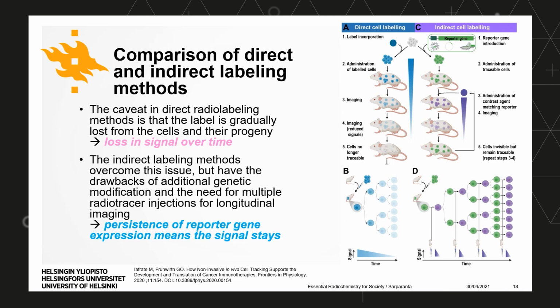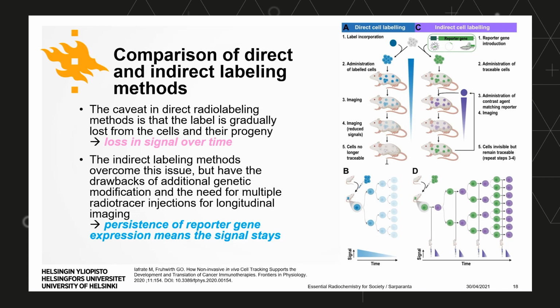When the cell dies, whatever radiometal had accumulated intracellularly because of the chelator and complex dissociation will obviously be released, and there is no way that the direct label would be transferred to any offspring of that T cell if it was to divide in vivo. So gradually we lose the signal and are not able to trace the persistence of the cell populations anymore.